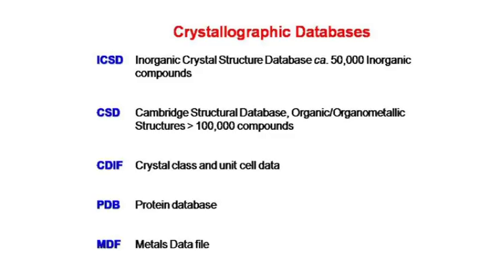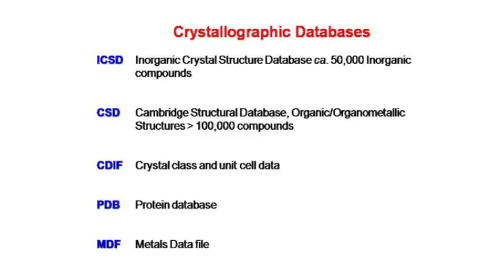So this slide is already a little bit old because all of these databases have many more entries now. These are available databases that you can subscribe to. You may do it already nationally. We have a national subscription. So things like ICSD, the Inorganic Crystal Structure Database, it's much more than 50,000.